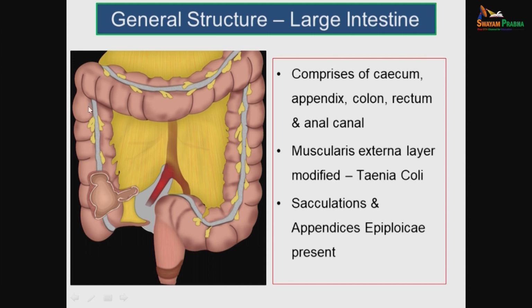This grey structure that is seen is the tenia coli. Then we have the sacculations, the most striking feature of the large intestine. You can see the various sacculations and the yellowish structures called appendices epiploicae.